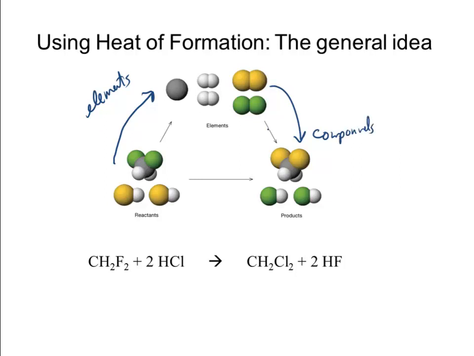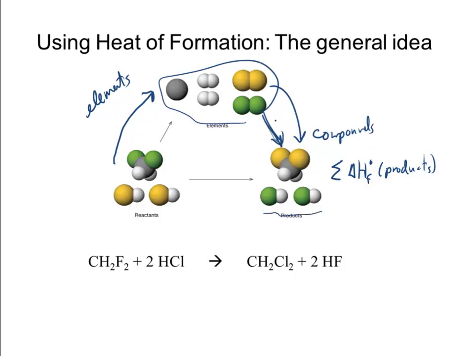And so if you look at the second part here, the energy change for this process is going to be the sum of the enthalpy of formation values for the products. Because what you're doing is making the products from the elements that they're made of. So the enthalpy for step 2 is the sum of the enthalpies of formation for these compounds, because they're being made from their elements.